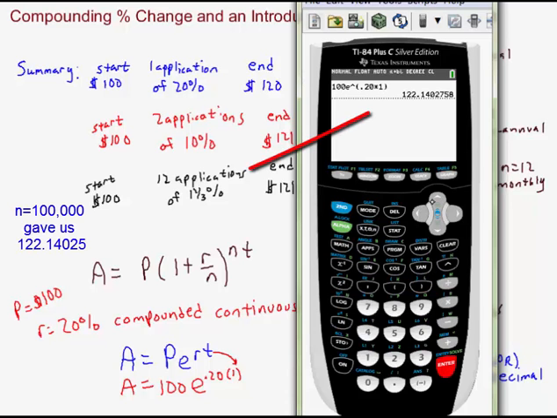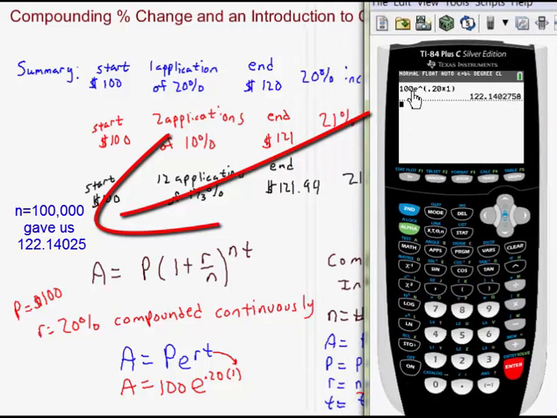And notice if you did this, if you got infinitely many compoundings, not just 100,000, out to several decimal places, you'd see that you actually did get more money, but to the nearest cent, if you compare, you're still at $122.14, which is the amount we had at 100,000 compoundings.